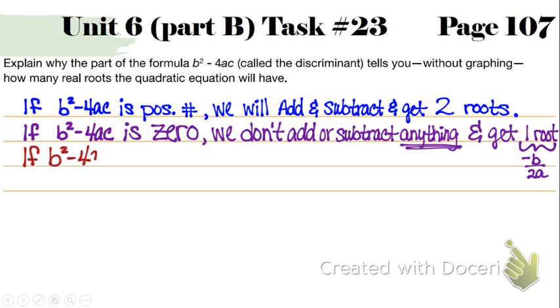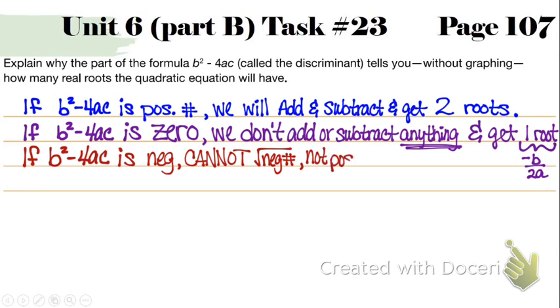If b squared minus 4ac is negative, you cannot square root a negative number. Not possible. No real roots.